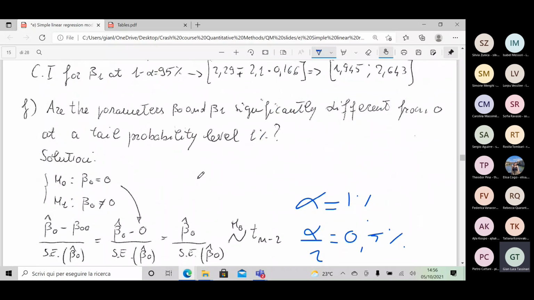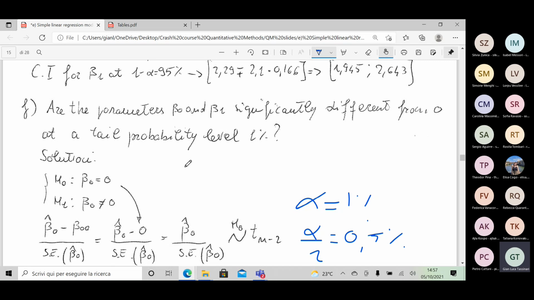Beta 0, yes. I was saying that beta 0 is the intercept, okay? And I told you that the intercept in this case is considered different with respect to 0. We rejected the assumption that beta 0 was equal to 0, because in our specific case, beta 0 is the estimated value of y when x is equal to 0.